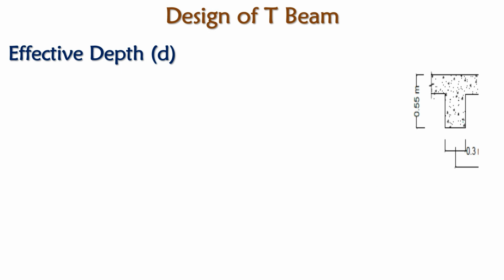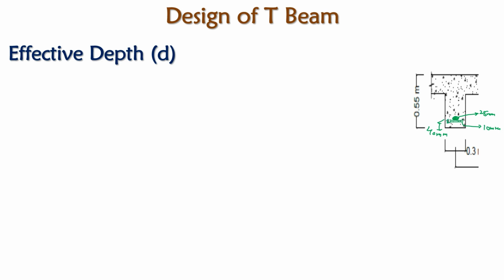Now we have to determine the effective depth. Let us say we have this main reinforcement and here we have a stirrup. The main bar has a diameter of 25 millimeters and the diameter of the stirrup is 10 millimeters. The clear cover in case of a beam is 40 millimeters by thumb rule.